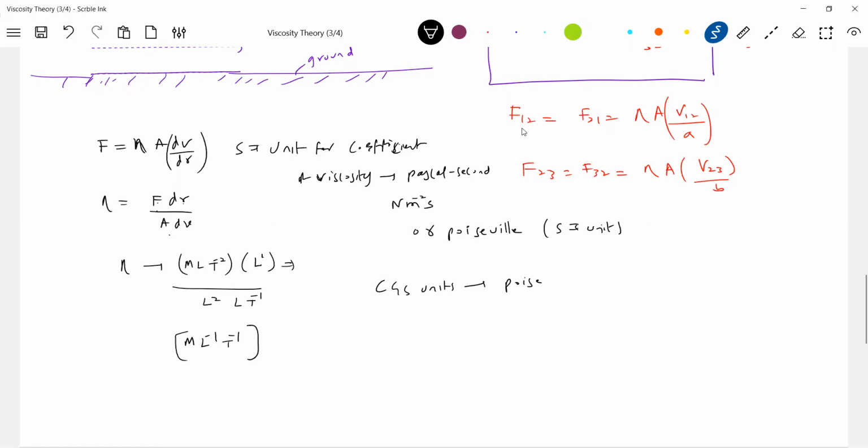And all our new formulas, you can see, are there in terms of poise only. So poise is 1/10 of Poiseuille. Therefore, the Poiseuille is also called decapoise. So one Poiseuille you can call as decapoise.